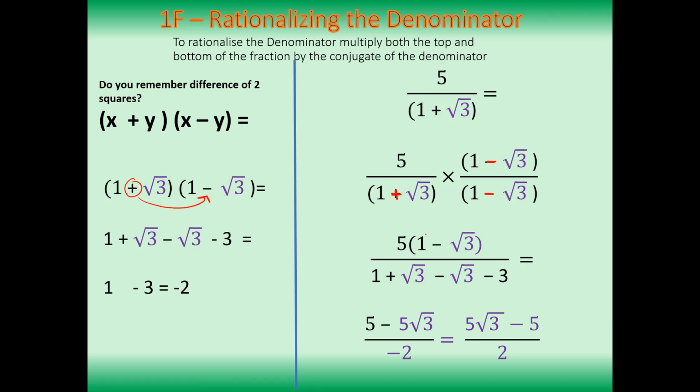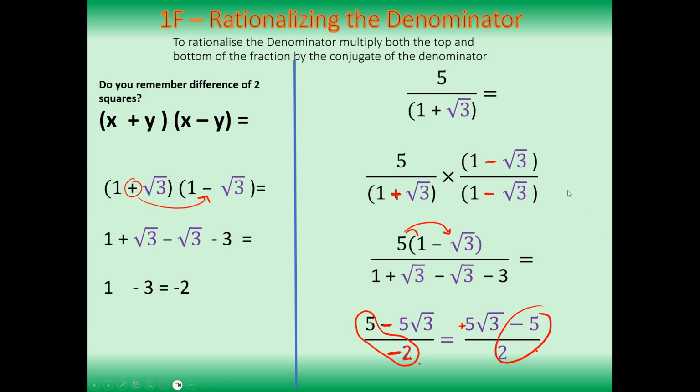Now, multiplying 5 by these two terms gave us 5 minus 5 root 3. Dividing by negative 2 means that we can write 5 over 2 with a minus 5. That's the first two terms here. And dividing a negative by a negative will give us a positive. So that's why I took the liberty of rewriting that fraction like so.